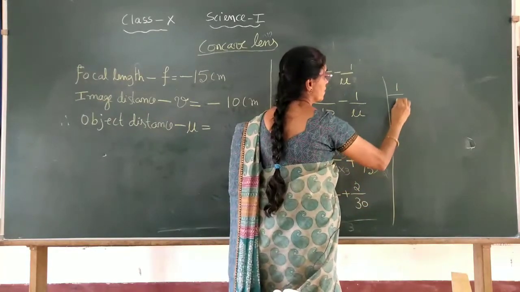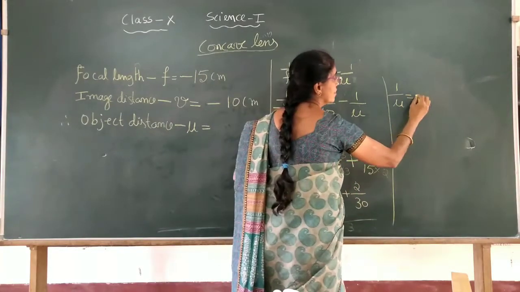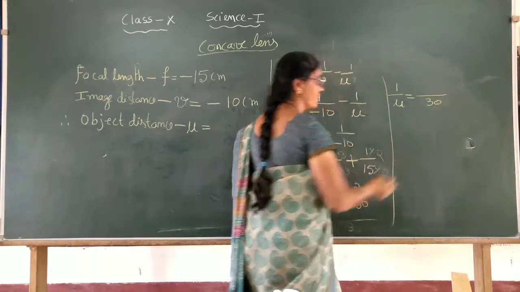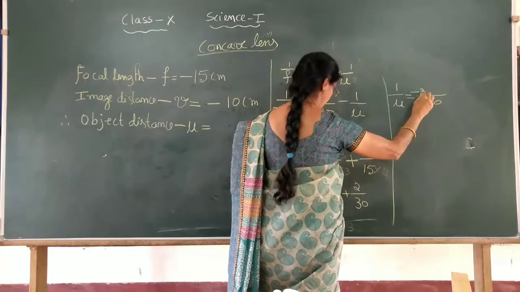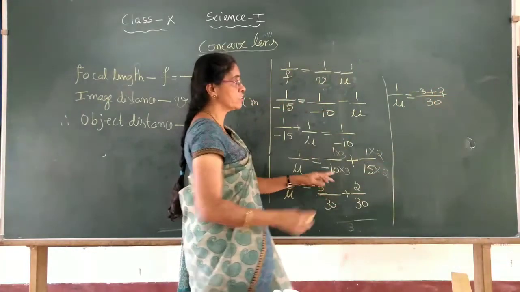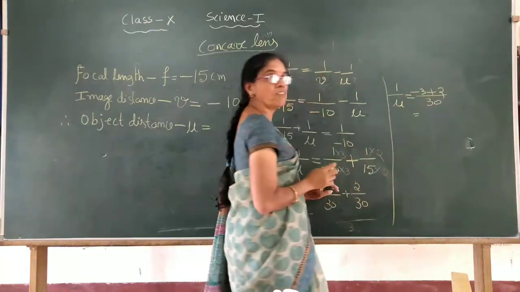1 by U is equal to, what is the common denominator? Children, the common denominator is 30. Numerator is minus 3 plus 2. Minus 3 plus 2, if you simplify, if they have different signs, you always subtract.